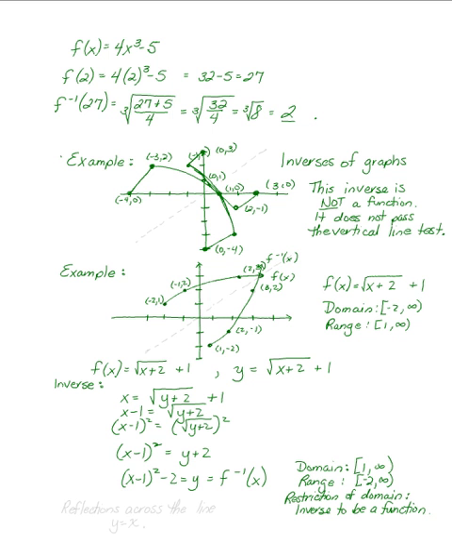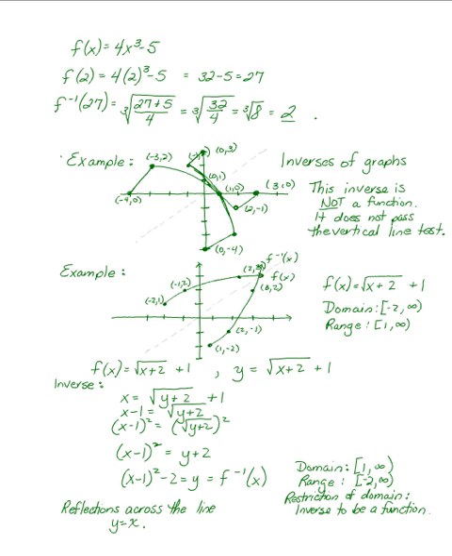Inverses are not actually a reflection across an axis, but they are a reflection across the line where y is equal to x. So the two graphs should be reflections across the line y equal to x. And the reason for this is because the points that don't move on our graph are the points where y is equal to x, because if you interchange them, you get exactly the same point on the graph.